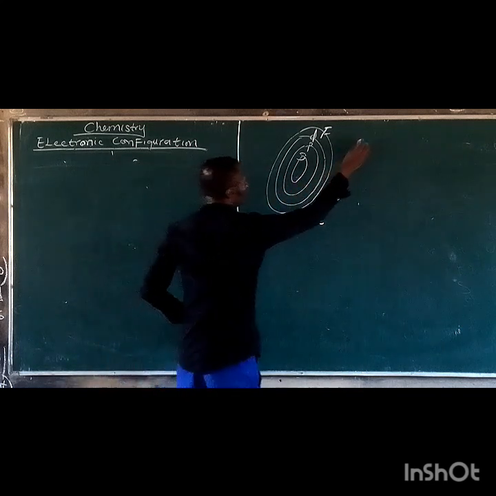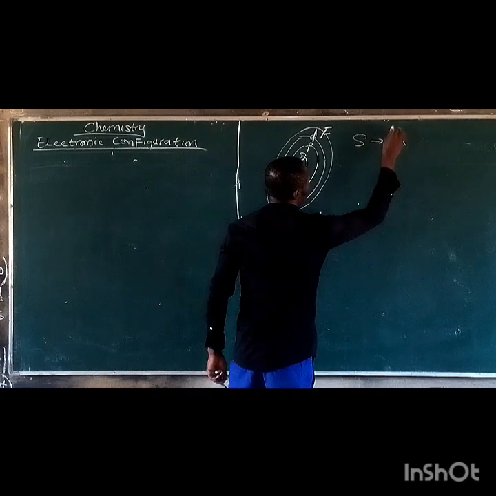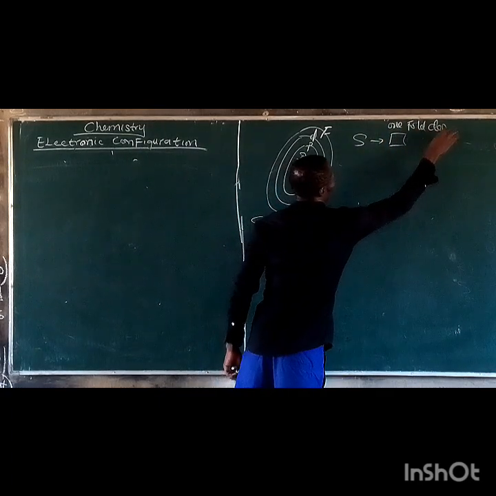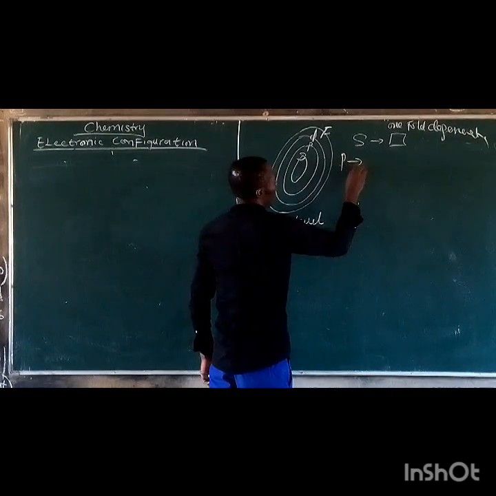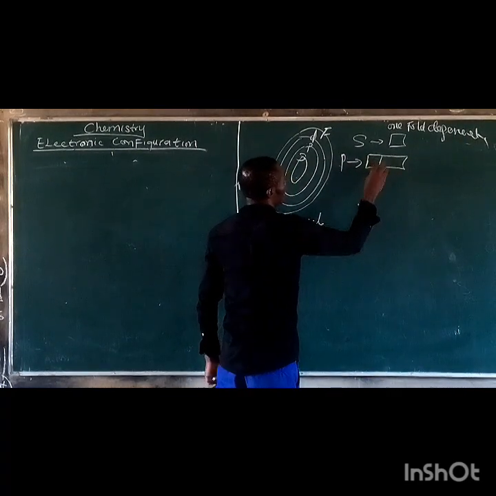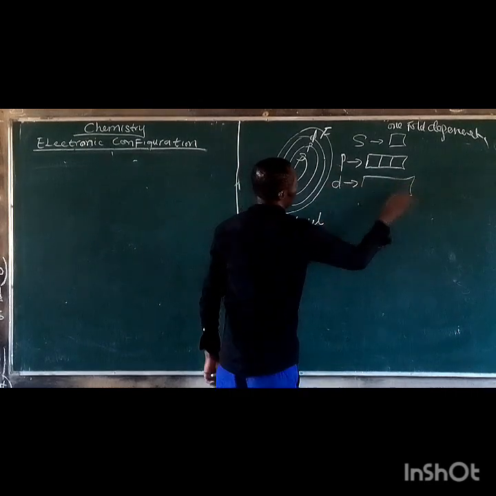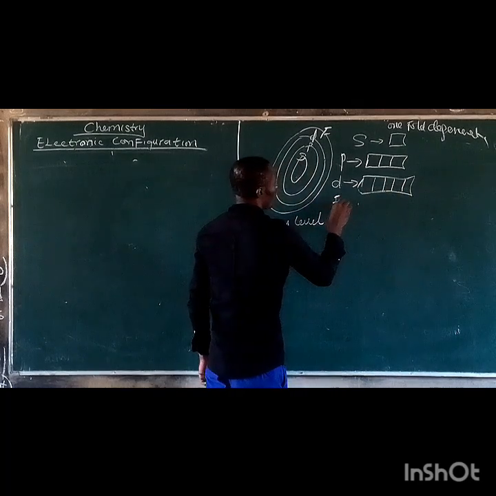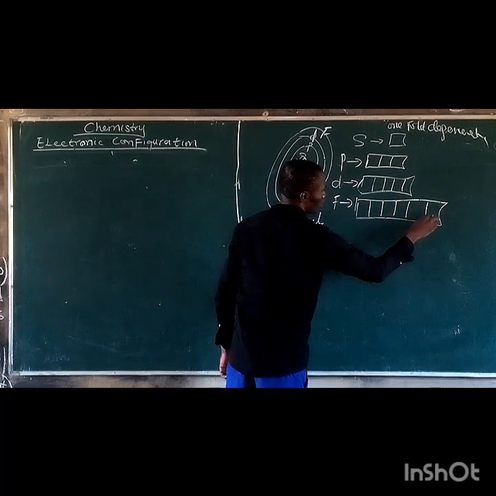The s orbital has 1 degenerate orbital. The p orbital has 3. The d orbital has 5. The f orbital has 7.